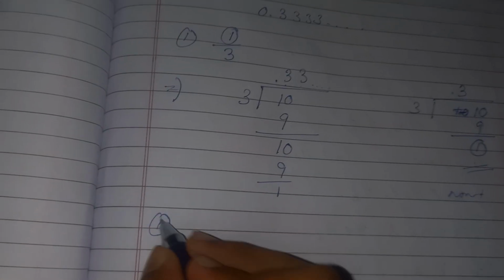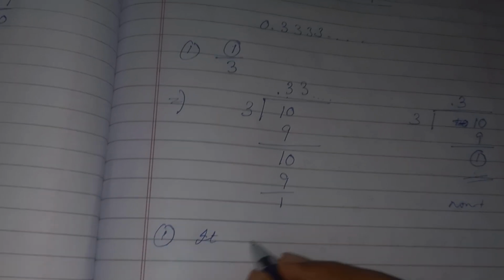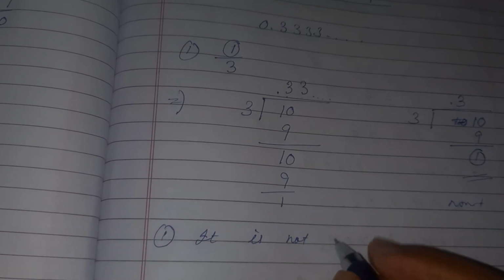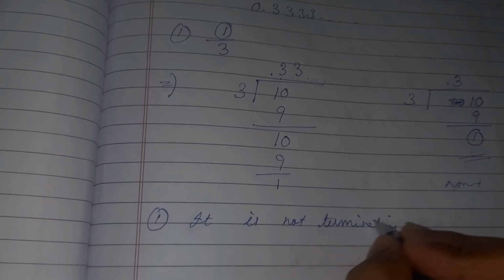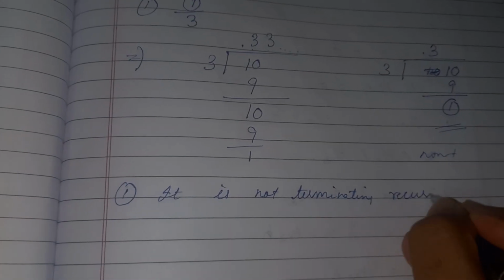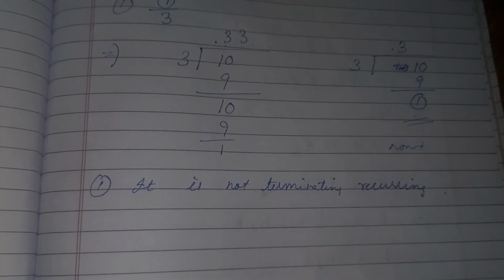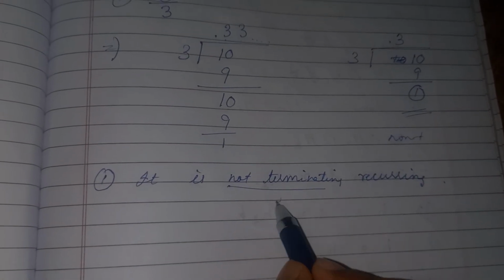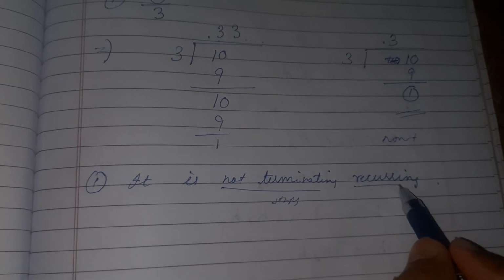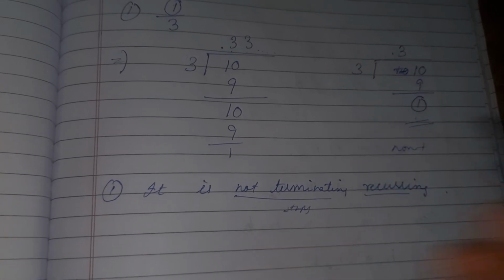So we can write it is non-terminating recurring. Non-terminating means it never stops, and recurring means after certain digits it repeats itself.